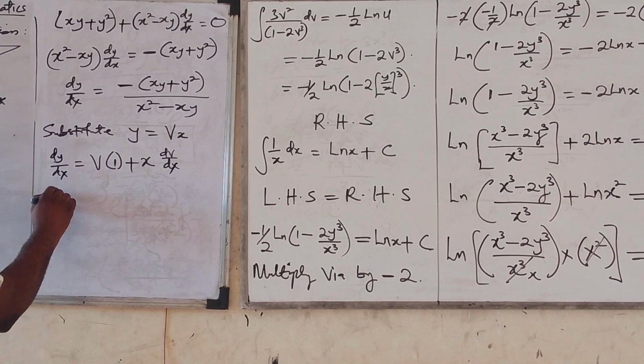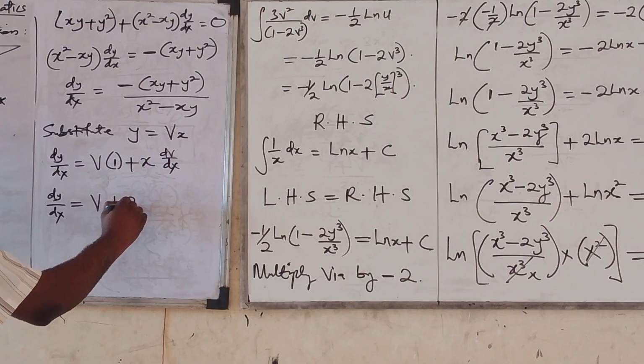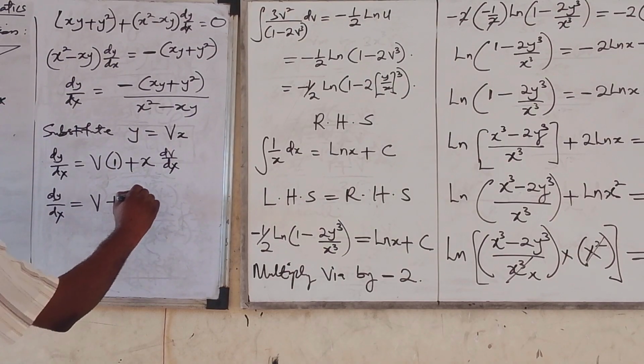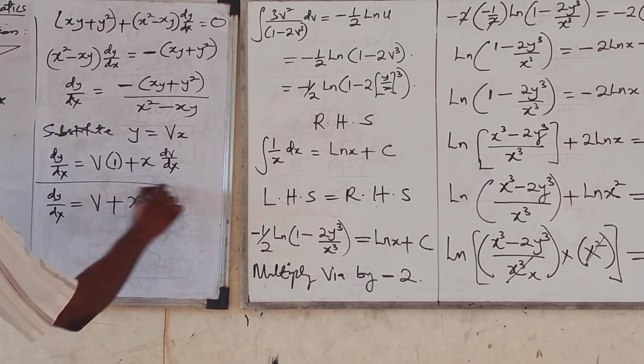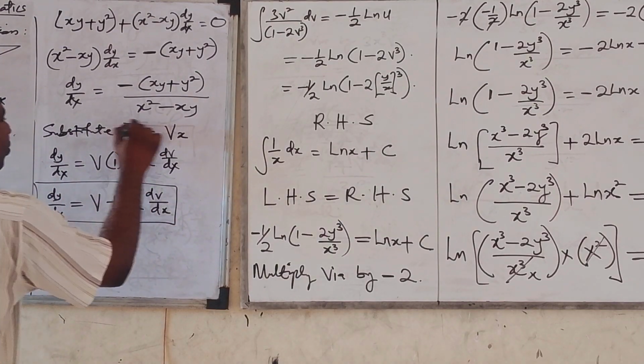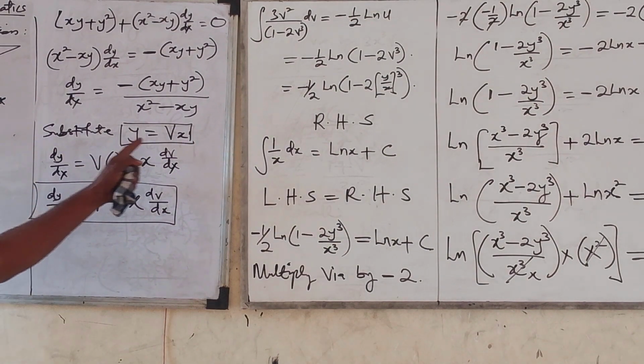So it means dy/dx will be equal to v plus x dv/dx. Now let's take note of this. Let's also take note of this. In this case, we want to substitute y to be equal to vx.